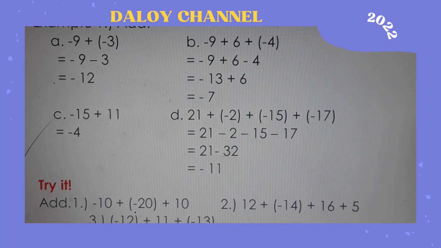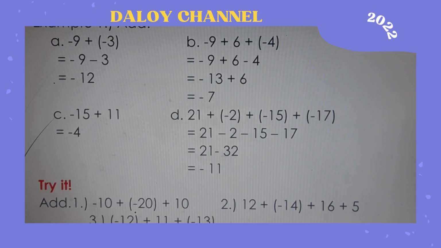So -9 is to be added directly to -4. According to the rule, we can combine them directly so that their sum is equal to -13. And to be added by +6, the expression now turned out to become unlike signs, and -13 is greater, so it will be subtracted by 6. So 13 minus 6 is equal to 7. Bring the sign of the greater value, which is 13. So the final answer is -7.